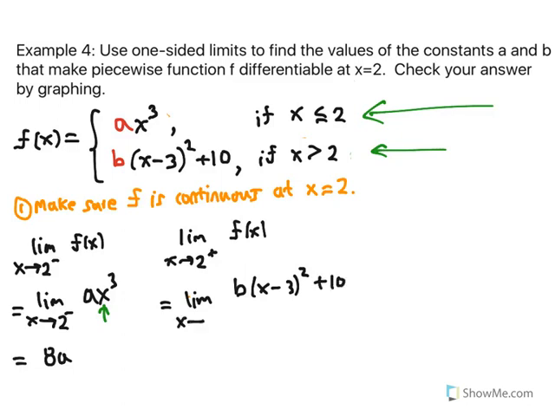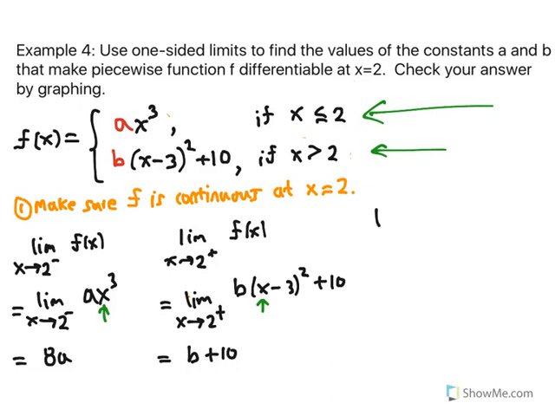And you take the limit of that function as x is approaching 2 from the right. You evaluate this limit once again by direct substitution. You will replace x with 2. So you get 2 minus 3 in the parentheses. 2 minus 3 is negative 1. Negative 1 squared is positive 1. So you get b times 1, which is just b plus 10.